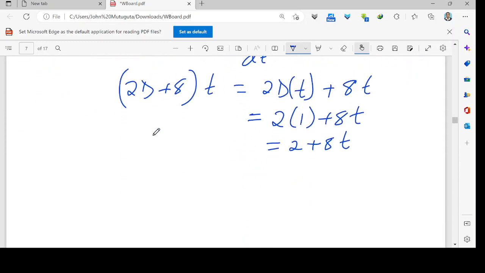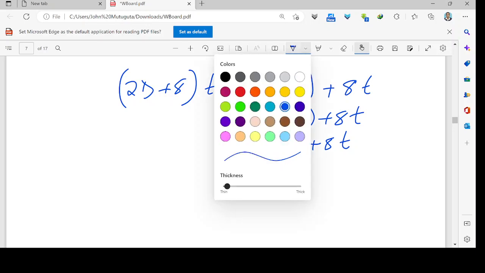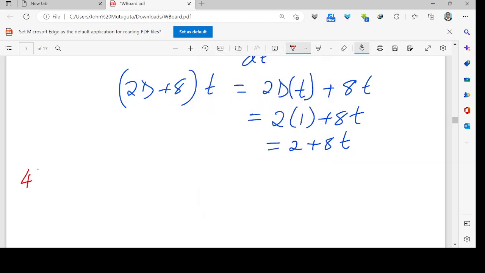So we shall have 4d squared in the first equation, then minus 6d plus 16d minus 24.